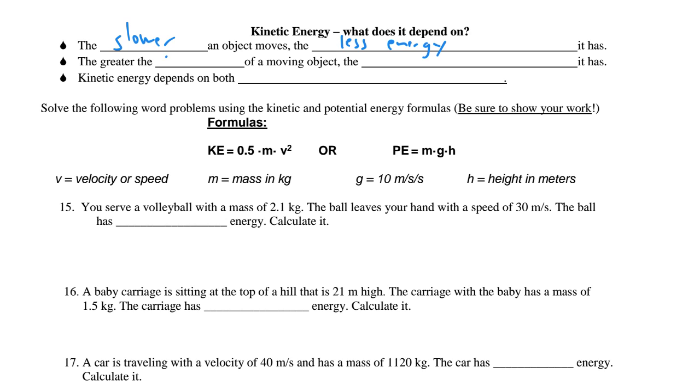The greater the speed, or maybe we should say velocity because we're in physics, but I'll just write speed, the more energy it has. If that makes grammatical sense. The greater the speed of a moving object, the more energy it has. Kinetic energy depends on both. Well, let's think about the formula. It depends on both mass and velocity.